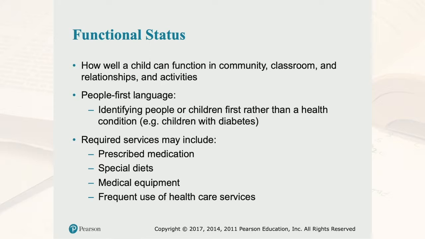You treat them like a child, and we modify, we do what we need to do to help with the disability. There are other services that they might require depending on what their need is. It could be medication, it could be a special diet, it could be tube feeding, and again, it could be medical equipment that they need, or it could be frequent use of health services.